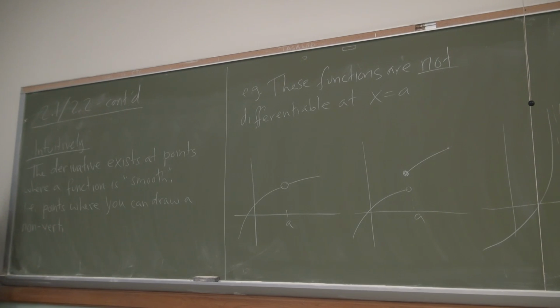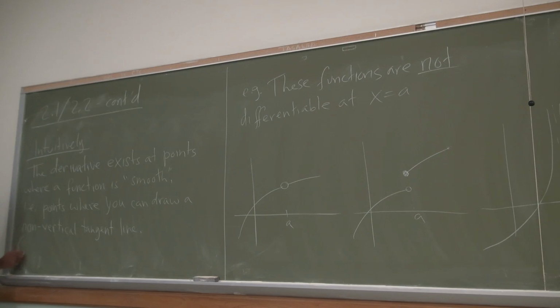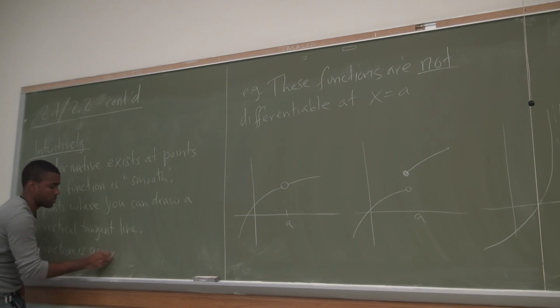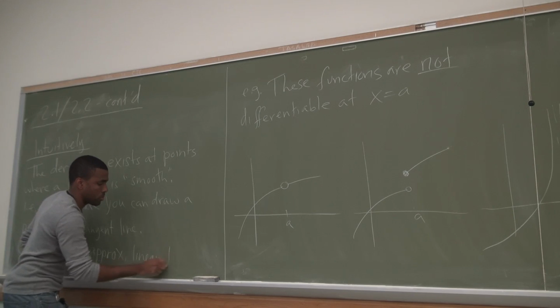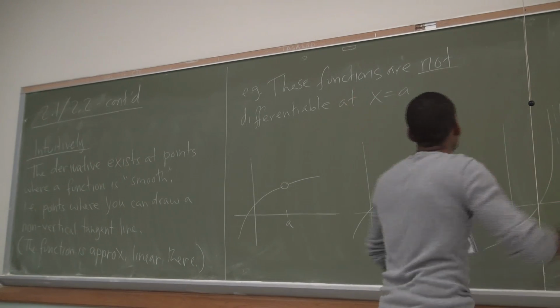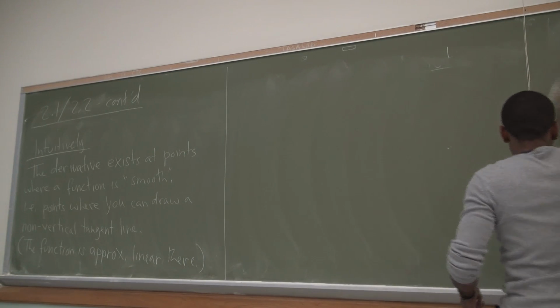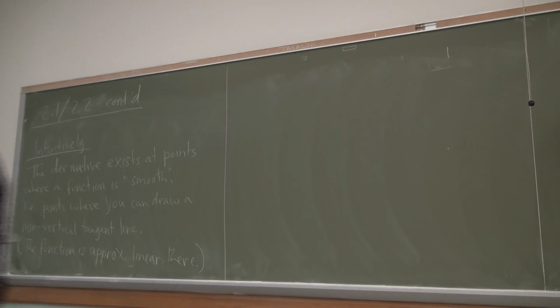Because what's the slope of a vertical line? The slope of a horizontal line is 0. What's the slope of a vertical line? A vertical line has no slope. The slope is infinity. A vertical line has infinite rise over no run.